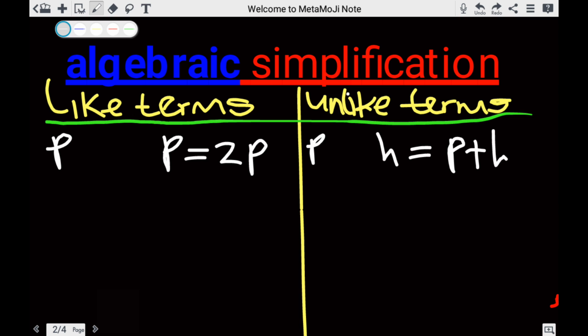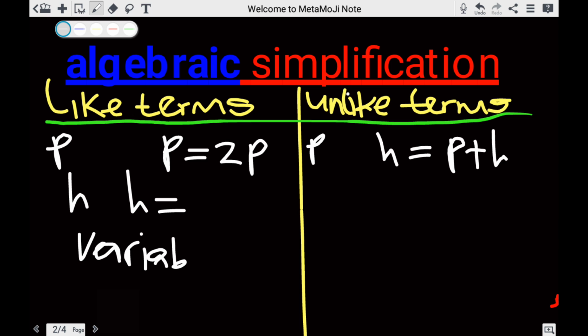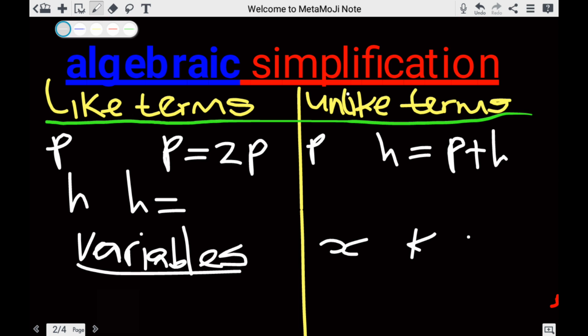So now let's continue. Let's say you have h and h. How many h variables are there? If you have ever heard the word variables before, you should know it now. Variables are letters that are used in maths, something like s, k, m, u, v.